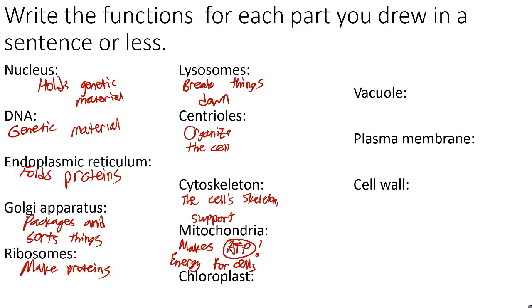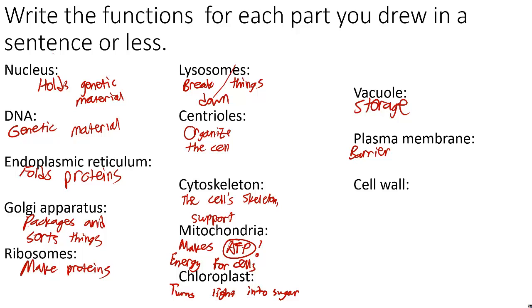The chloroplast turns light into sugar. The vacuole is for storage. The plasma membrane is a barrier, right?